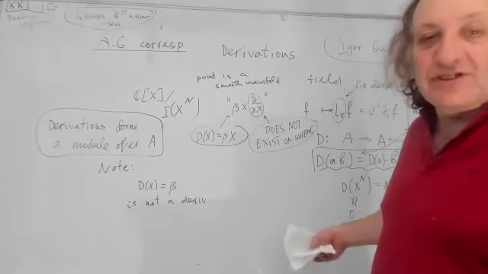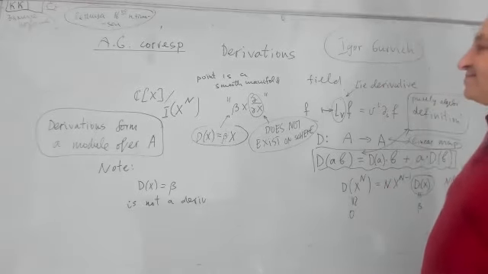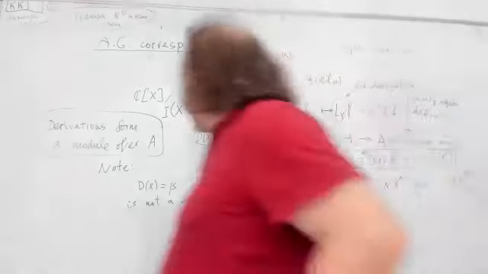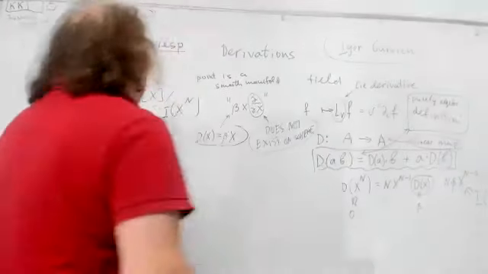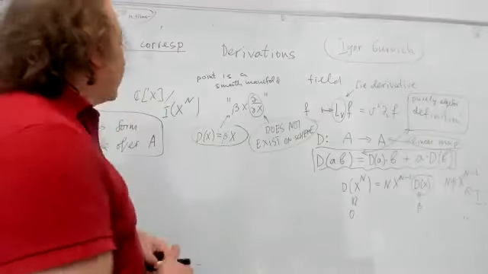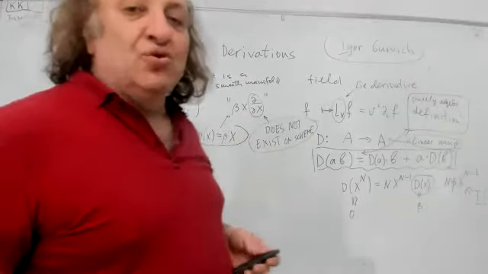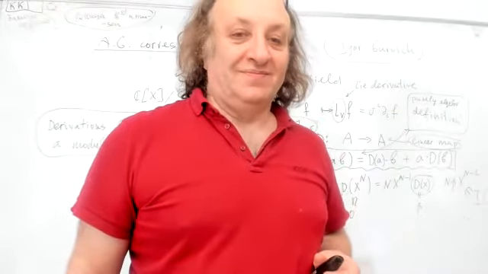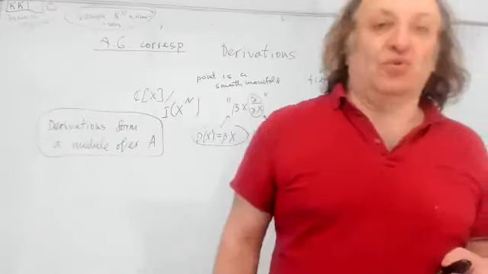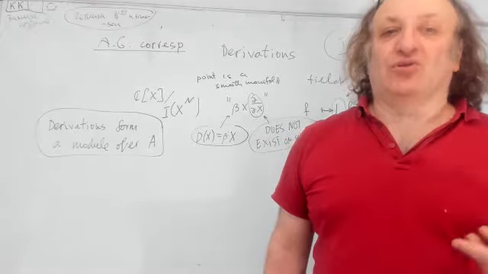That's why we are discussing it. Moreover, in the case that we consider, derivations do not form a free module. Do you know what a free module over an algebra is?